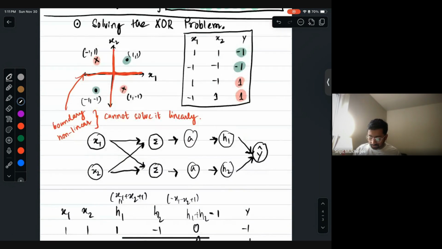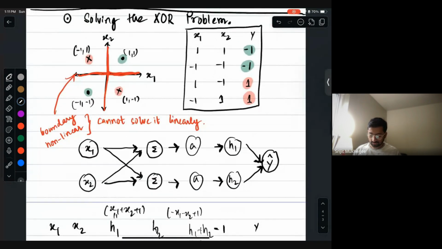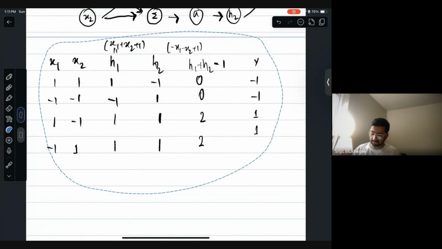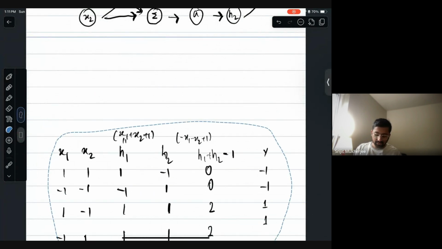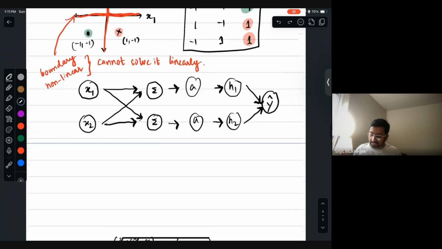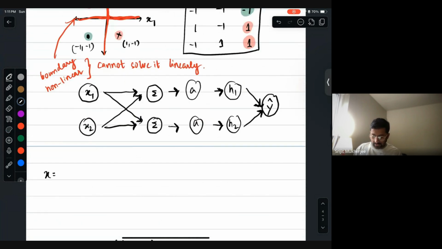So what we do? We have to define the weights now. And we'll see what we can do to define the weights. X, understand the x can be any of the 4 points. X is x1, x2. We do not know W, so we have these 4 numbers.